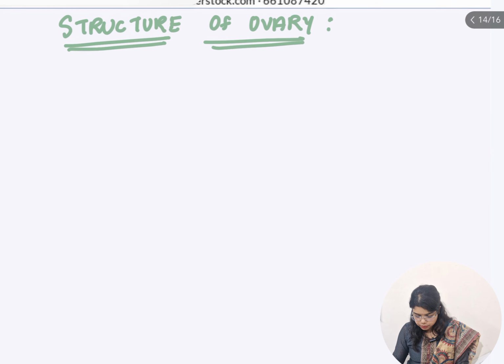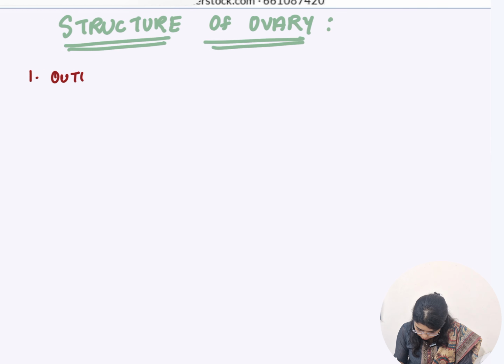Structure of ovary. Outer cortex and inner medulla.